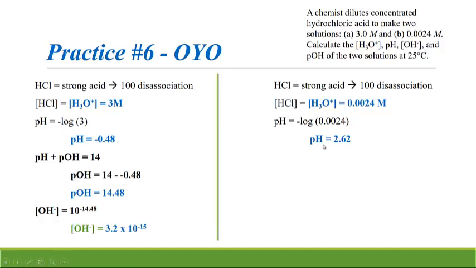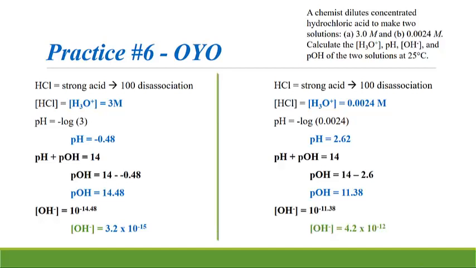We're almost 3 steps up, so it's 1,000 times less hydrogen ion concentration. But once we know the pH, we can subtract that from 14 to get our pOH, so it's 11.38, and then take the antilog of 11.38 to get our hydroxide concentration, which is 4.2 times 10 to the negative 12.